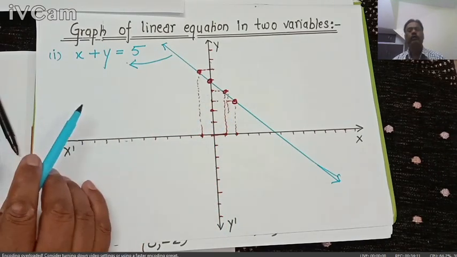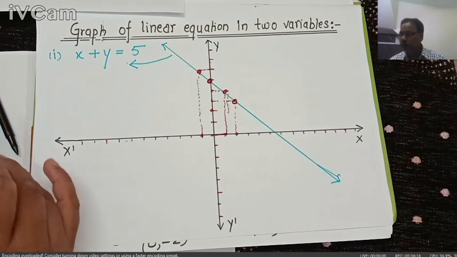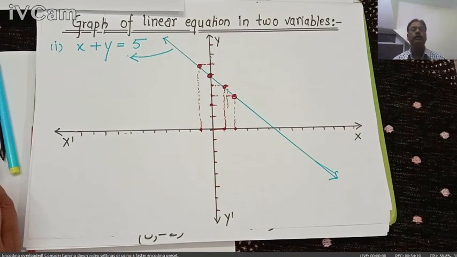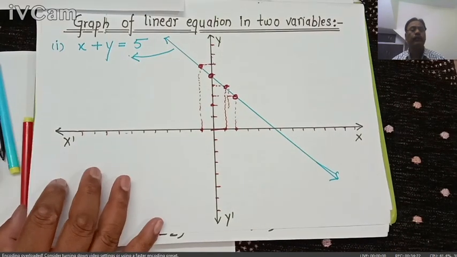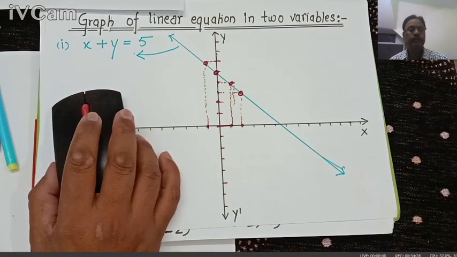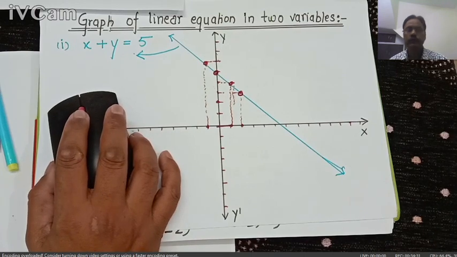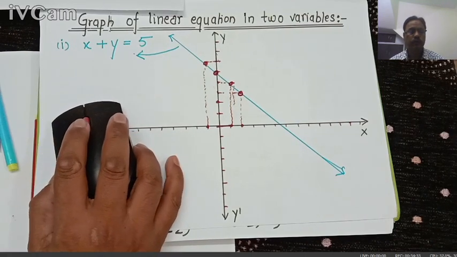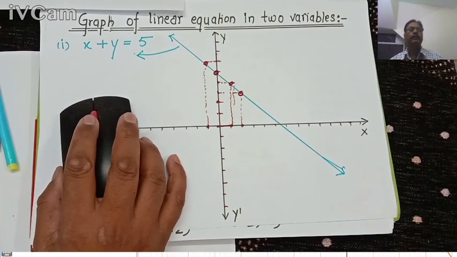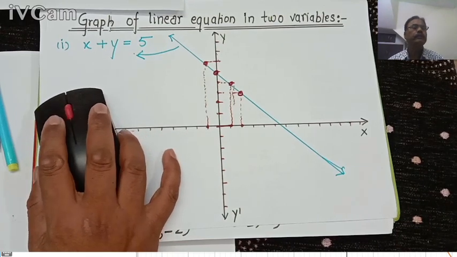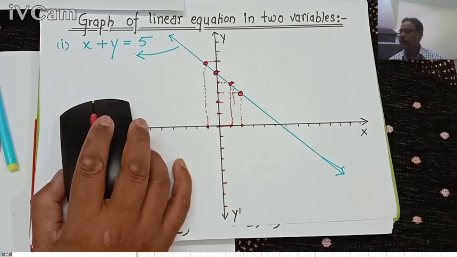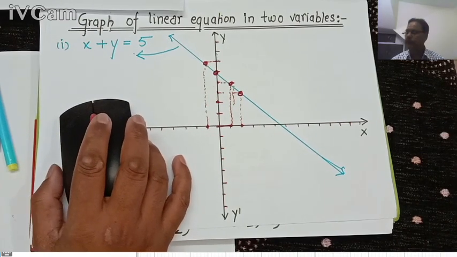Now we are coming to GeoGebra. How do we draw the graph for different linear equations? We have already learned how to draw the graph.